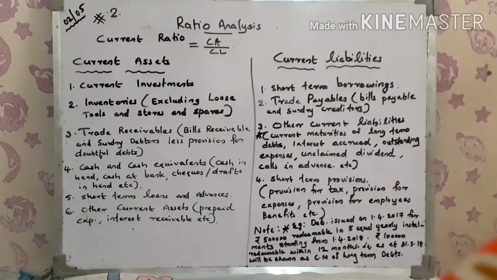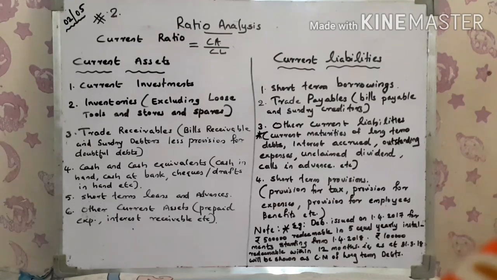So every year 1 lakh rupees the company must repay to the debenture holders. From 1st April 2017 issue, over the next year, 1 lakh rupees is redeemed to the debenture holders.